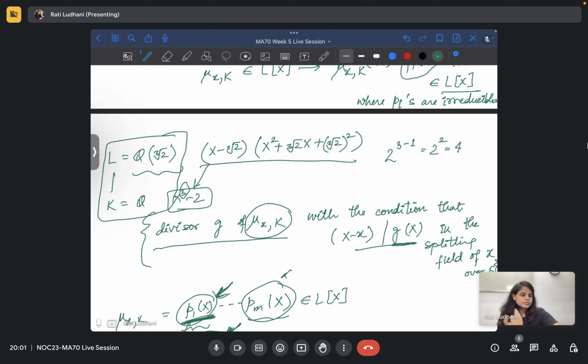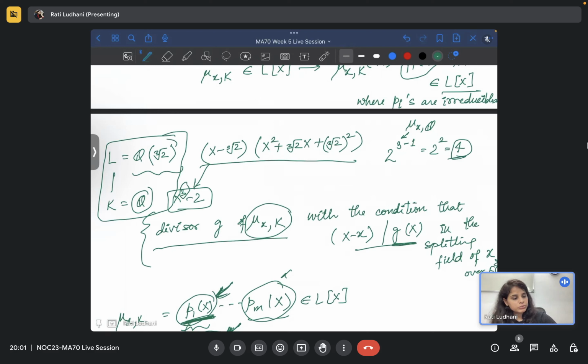So that is the case with k. This is the degree of mu x comma q. So what were we saying? Sorry. We are saying you can have at most 4 factors.